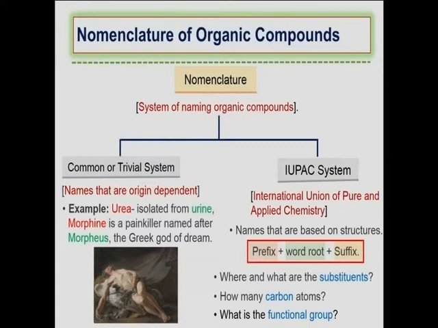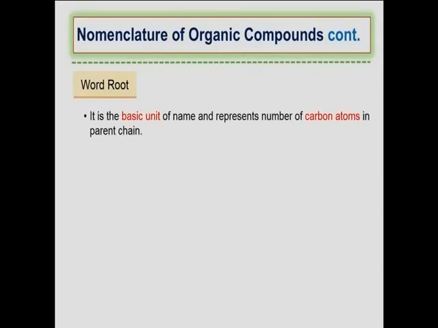Substituents, parent chain, functional group, you were already introduced to in classes 9 and 10. So let me tell you what the word root is. The word root basically gives us the number of carbon atoms in a parent chain. If the number of carbon atoms in the parent chain is 1, then the word root you need to use is meth.